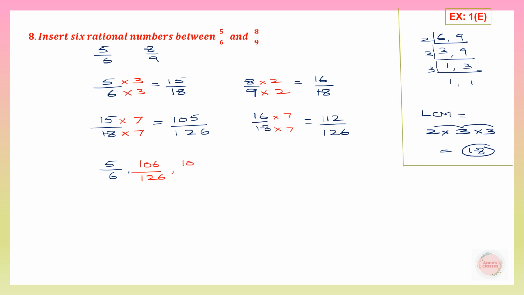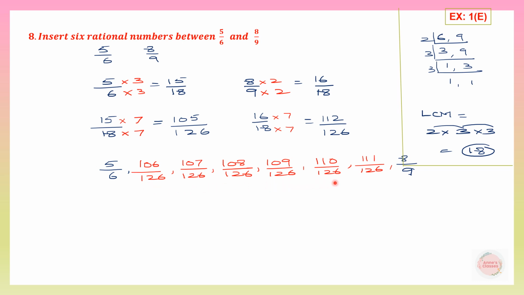Then 107 by 126. 108 by 126. 109 by 126. 110 by 126. Now we have 5, we have one more, 111 by 126. And we have the last one, which is a question given to us, 8 by 9. So these are the 6 rational numbers that can be inserted between 5 by 6 and 8 by 9.